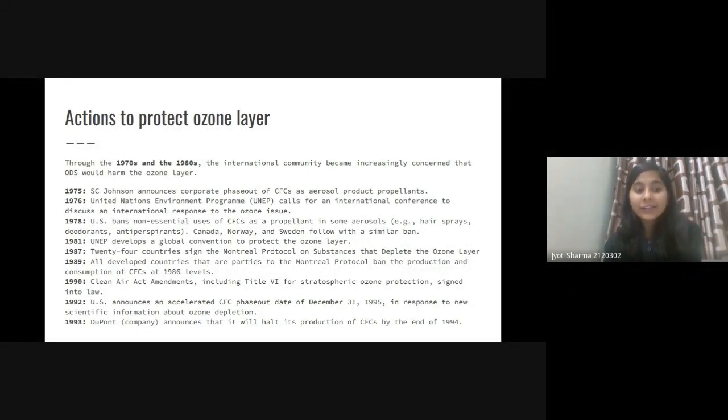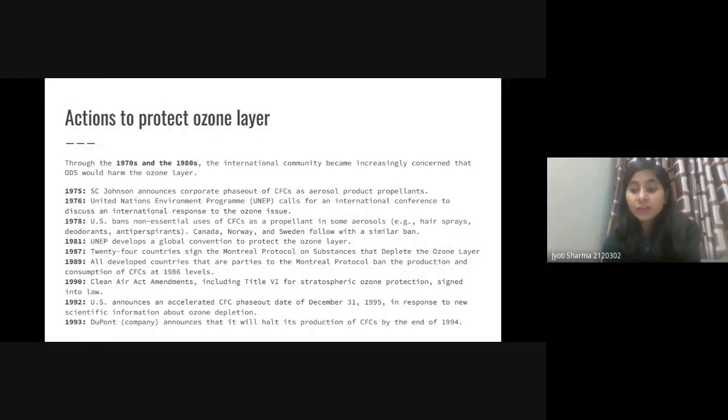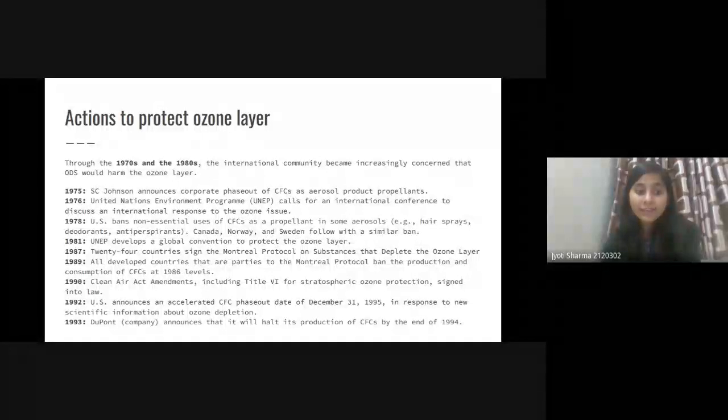Then in 1976, the United Nations Environment Program, UNEP, called for an international conference to discuss an international response to ozone issues. So how should we respond to such an issue?